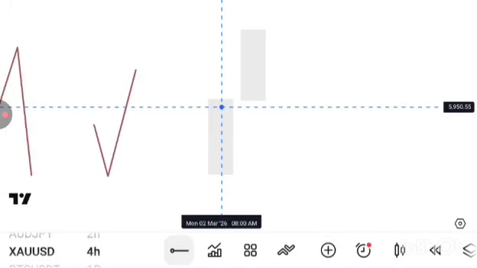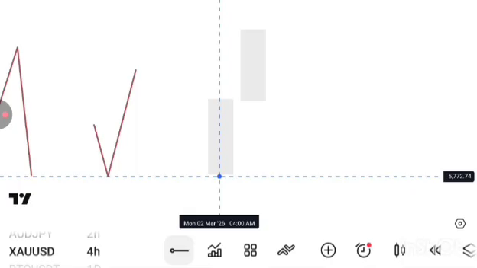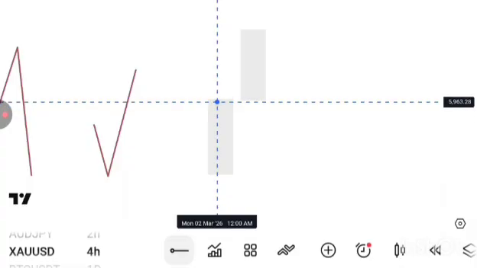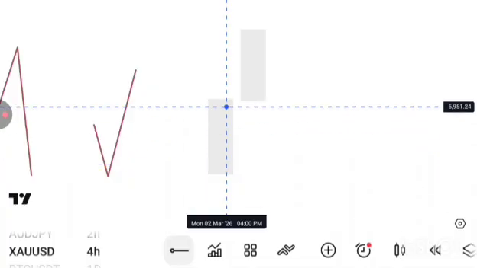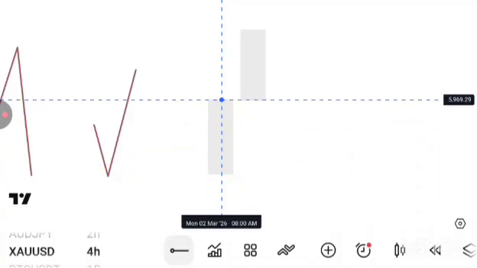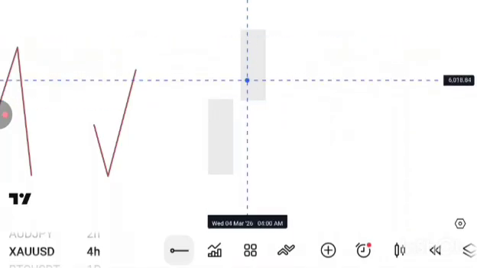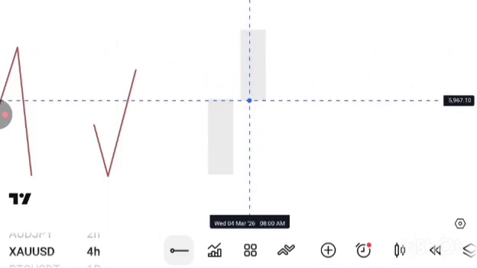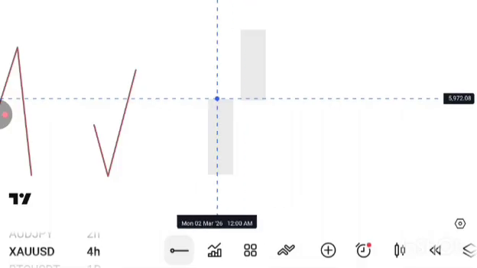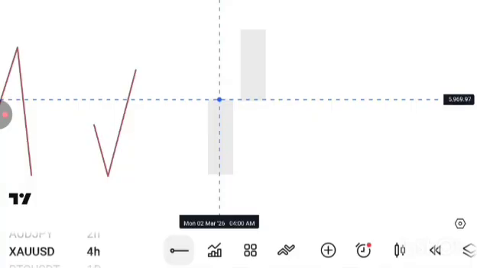You understand the idea: a bullish candle opens below and closes above. So this down of the second candle is the close of the candle, while this is the open of the candle. That's why it is called open close. So, bullish open close.